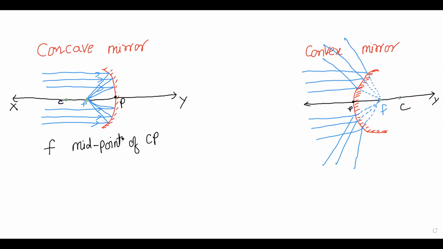F is midpoint of CP. That means distance from center of curvature to pole is radius of curvature. Center of curvature to pole, the distance is called radius of curvature.